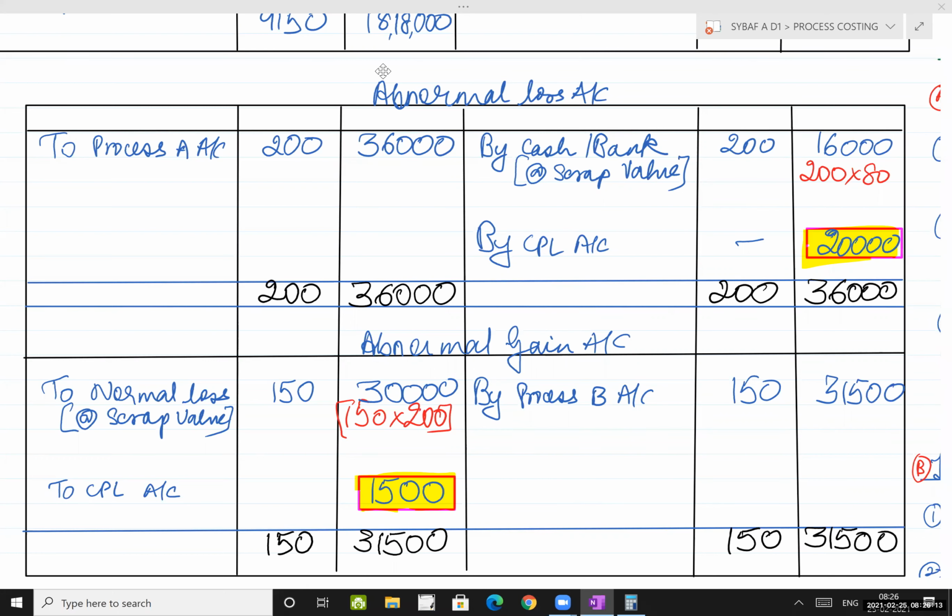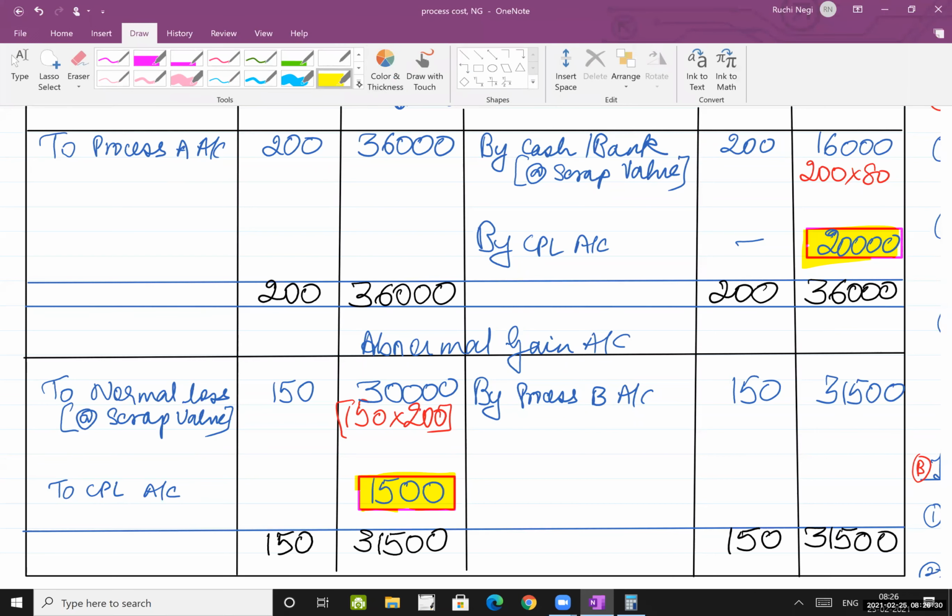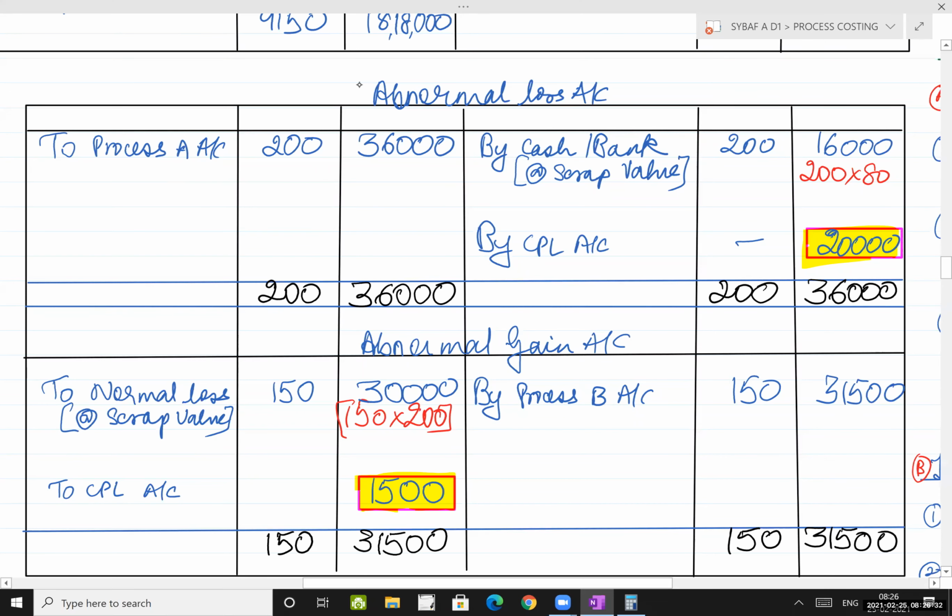Second effect of abnormal loss in from process account. See, second effect is coming here to process A, 200 and 36,000.